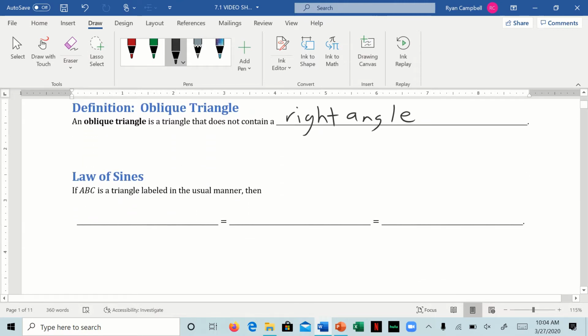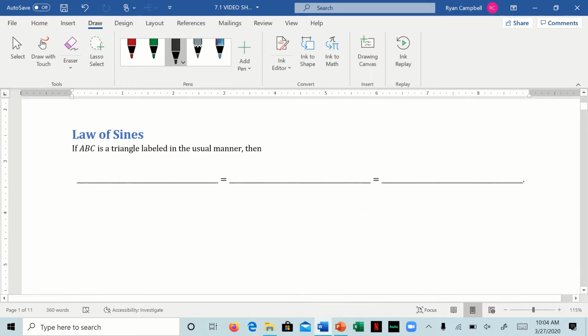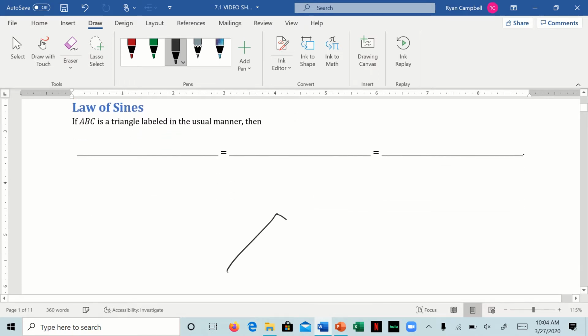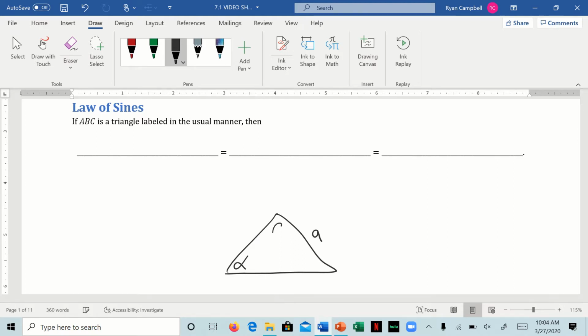So, first thing, the law of sines says that if we have the regular triangle ABC that we've always talked about, in the usual manner, so remember, alpha is across from A, beta is across from B, gamma is across from C. So this is the regular triangle.